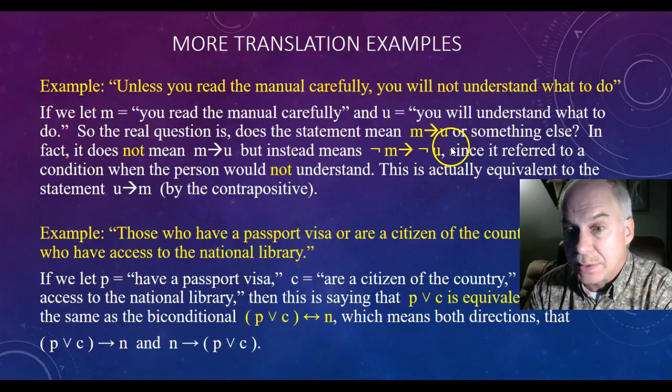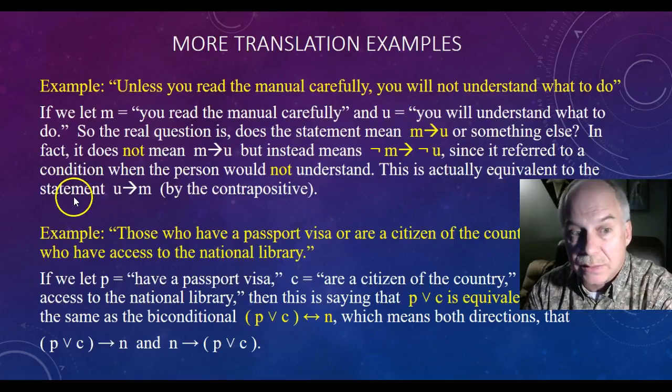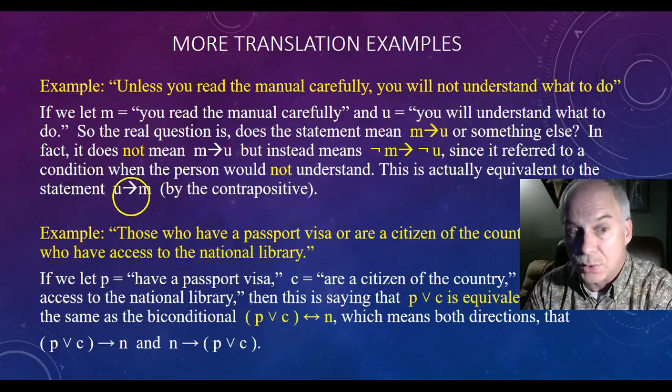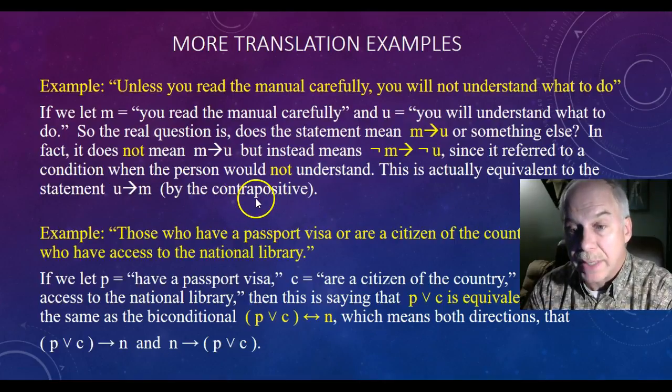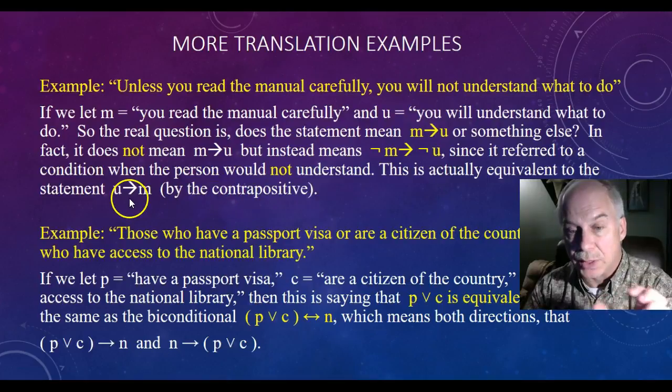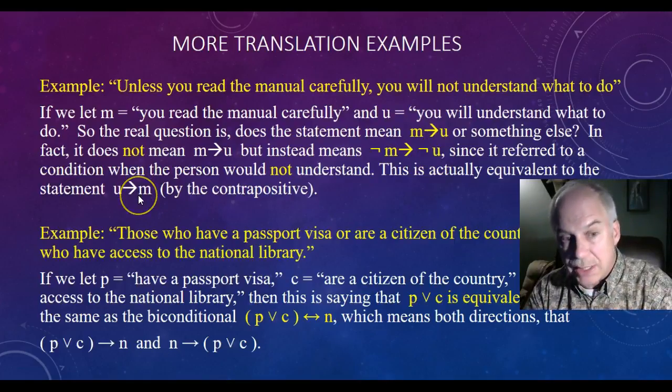So this statement, if not M implies not U, really is equivalent to if you understand what to do, then you must have read the manual, using the contrapositive. See, the contrapositive would switch and negate. So if we have not M implies not U, you switch that and negate that, that would be U, then M.